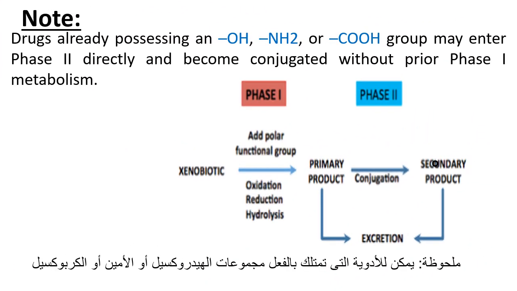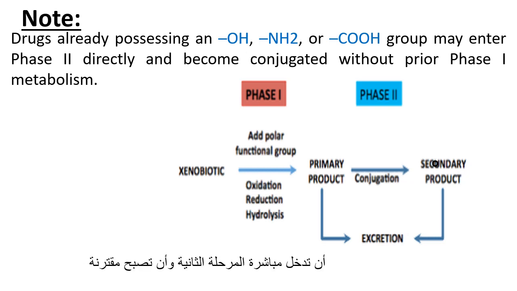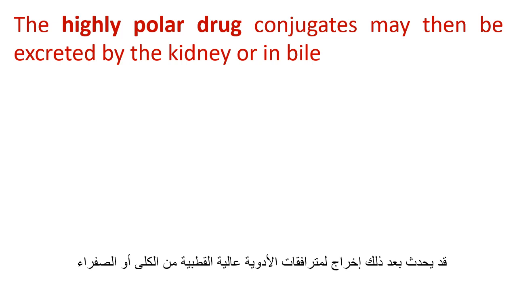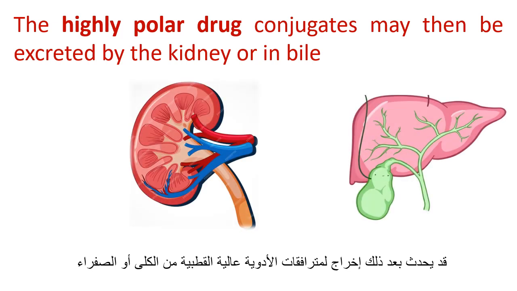Note: drugs already possessing an OH, NH2, or COOH group may enter phase 2 directly and become conjugated without prior phase 1 metabolism. The highly polar drug conjugates may then be excreted by the kidney or in bile.